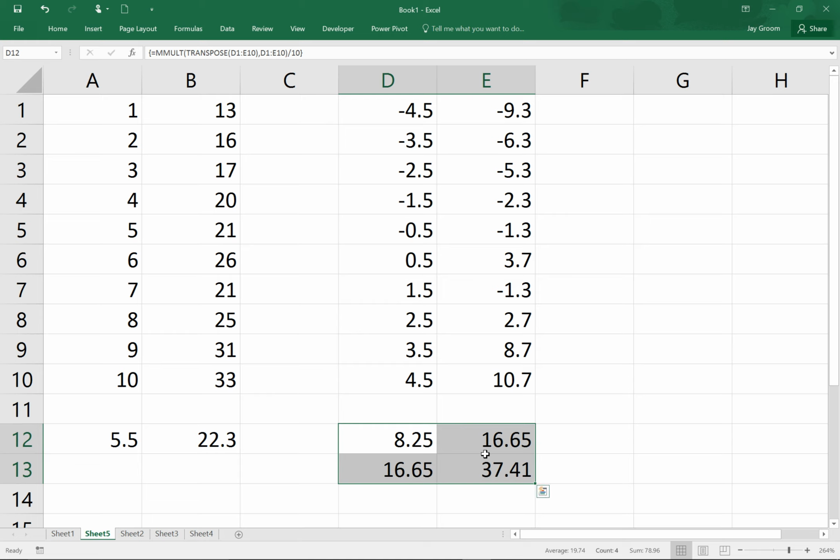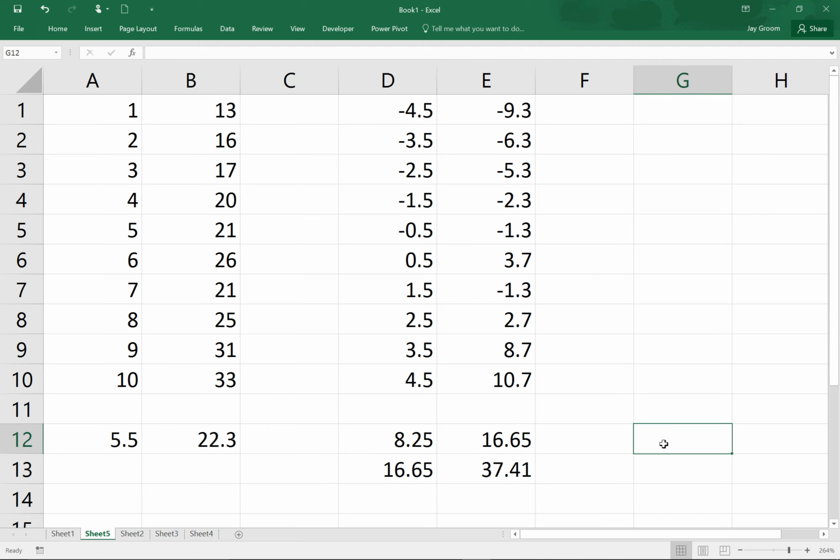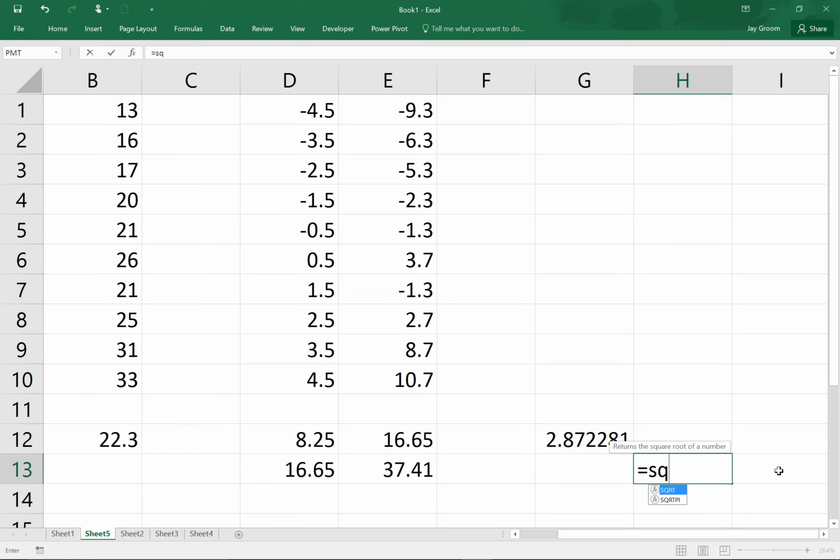So if I wanted to find the standard deviations, well, yeah, but if I want to find the correlation rather, we'll find the square root of these two guys. Boom, boom, boom.